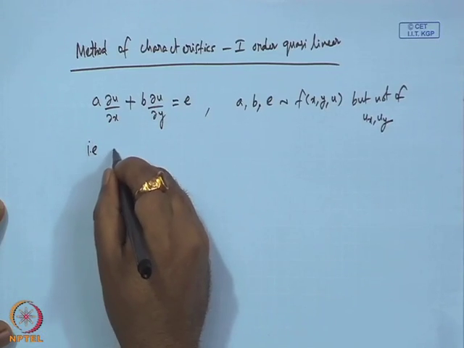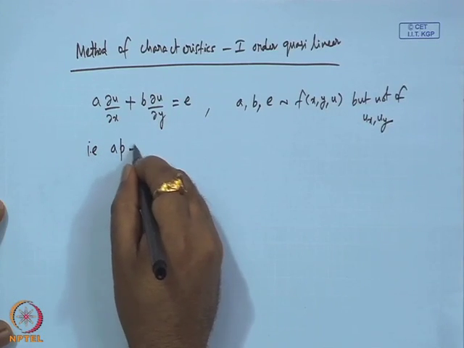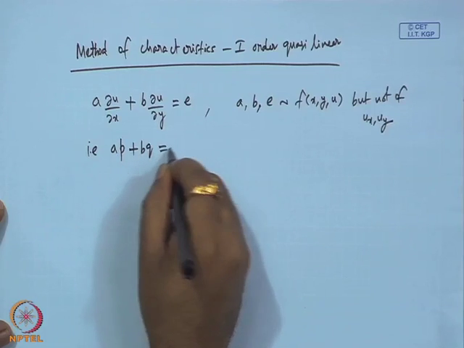So, this equation is nothing but A p plus B q equals E, right.